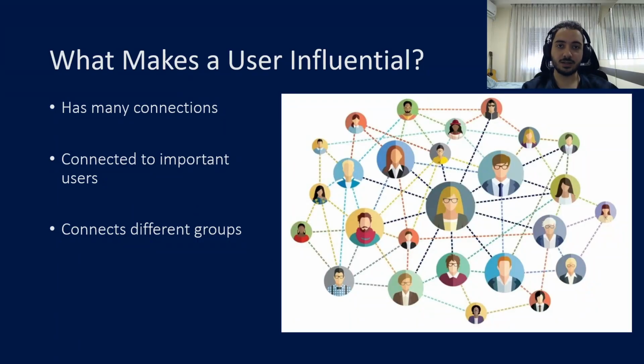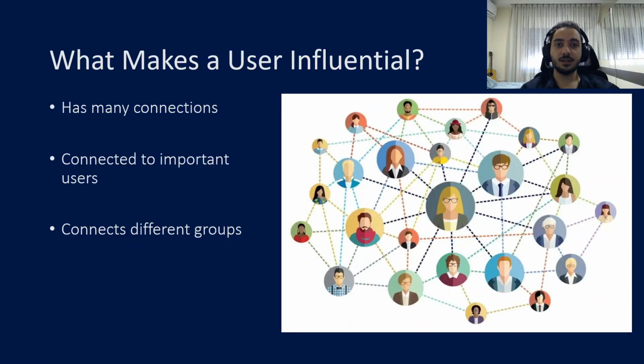Before applying algorithms, we need to understand what makes a user influential. One obvious factor is the number of connections a user has. A user with many connections can directly reach more people. However, influence is not just about the quantity. It is also about the quality of these connections.